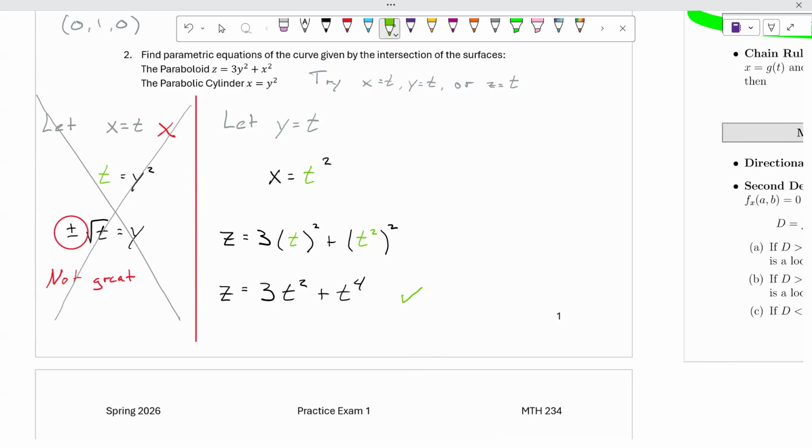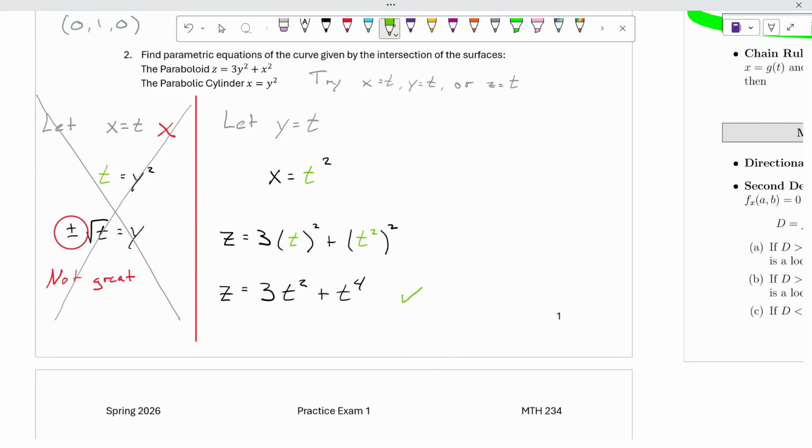So particularly with parameterizations, sometimes it's a bit of trial and error until you find one that works, because there's a bit of an art to it. Things that I look for when I'm trying to come up with a parameterization that I think will be good for my first shot: I look for a relatively simple equation, right? Like x equals y squared is relatively simple, as opposed to the other one, which looks like there's a bit more going on.